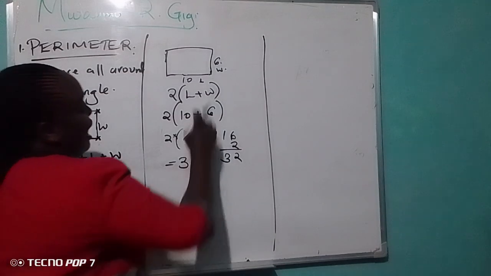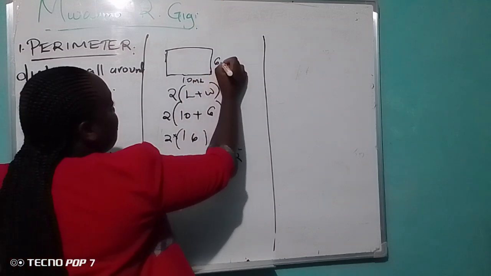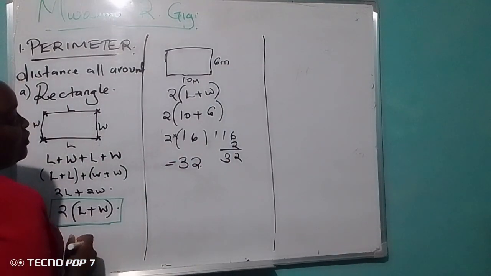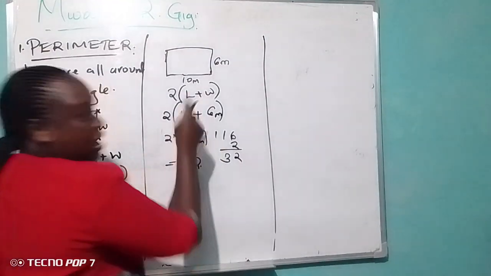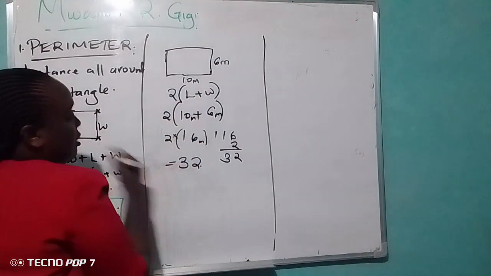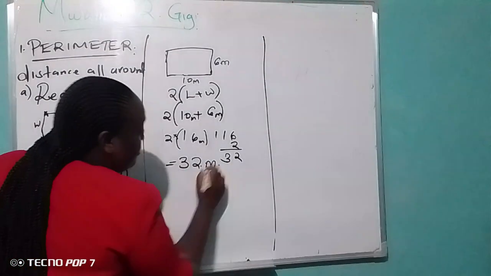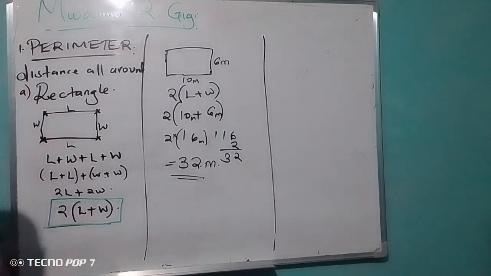So for example, this one was 10 meters and 6 meters. Sawa. Tusisahau units. So hapa itakuwa, in our case, 32 meters. Sawa. So that's the simple formula of finding the perimeter of a rectangle.